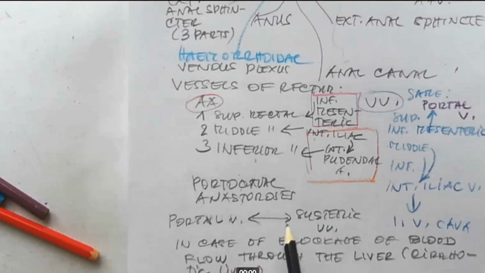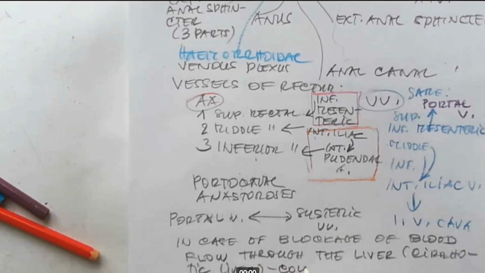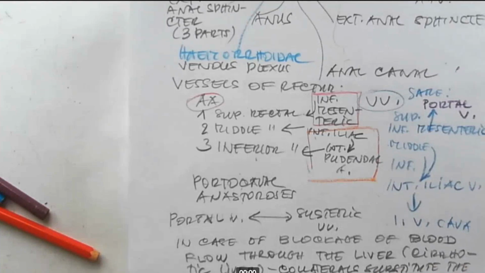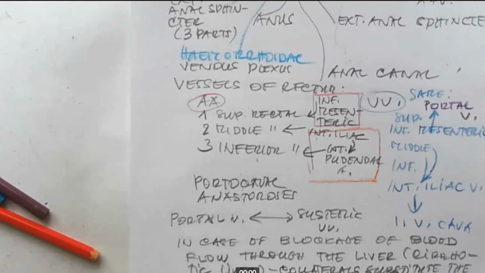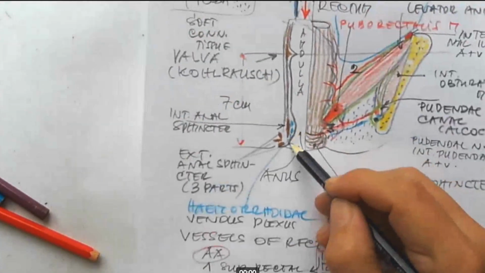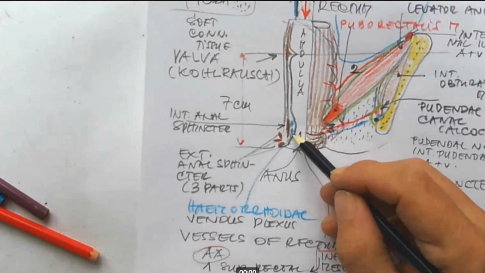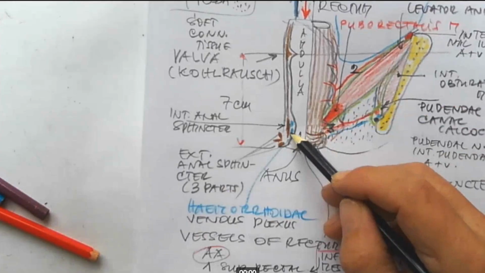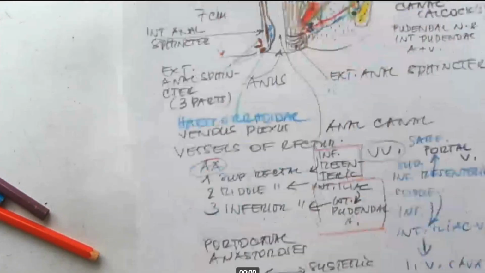So all the collaterals substitute the main flow of blood, and then, because we have mentioned these hemorrhoidal plexuses, they become larger because of the interconnections. They may cause bleeding in the rectum.